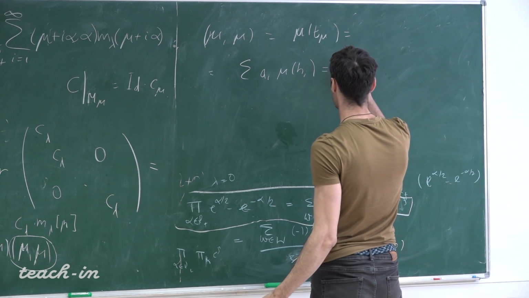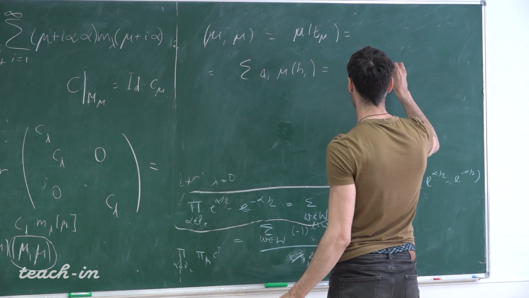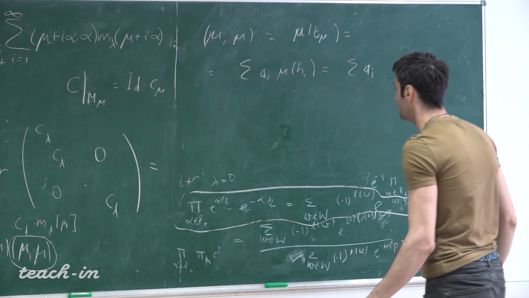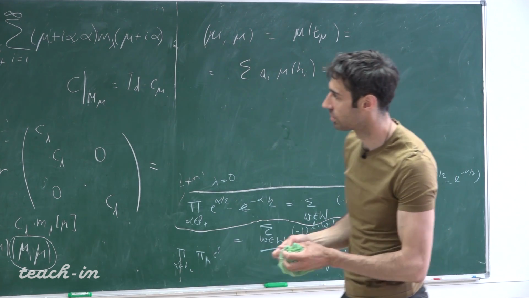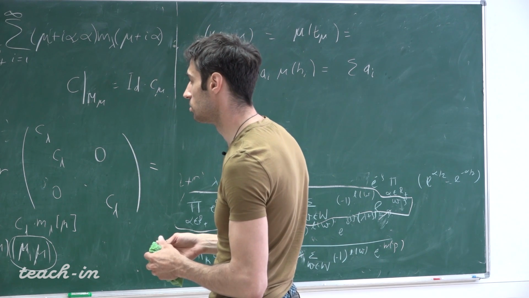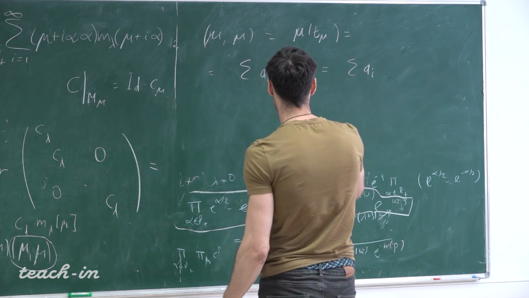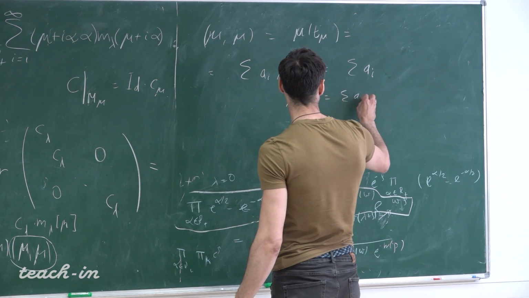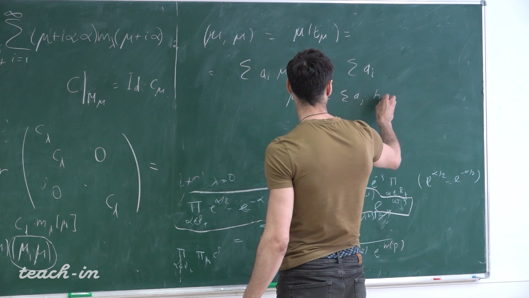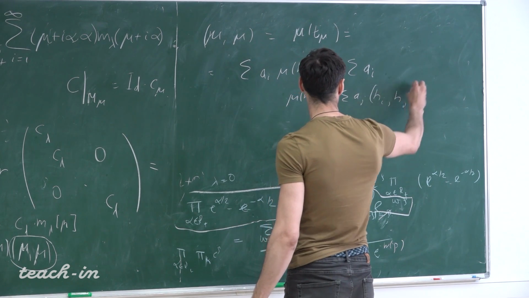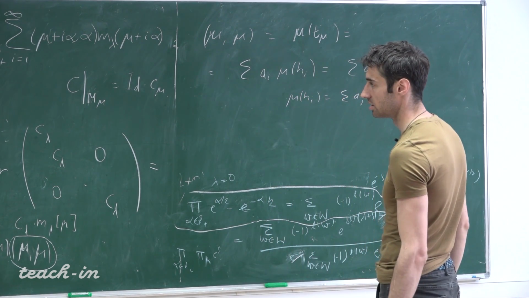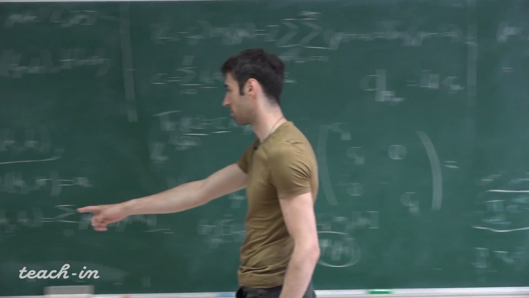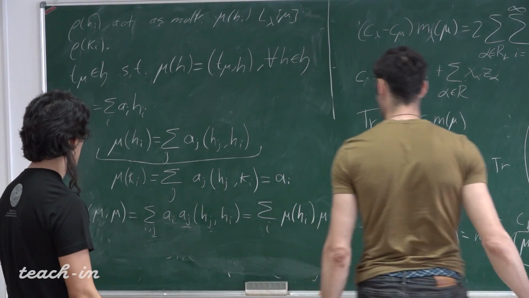By definition, it's sum AI, and then, okay, mu of HI, I would like it to be sum AJ, HI, HJ. Then I'm done, right? If I'm going from here to here.